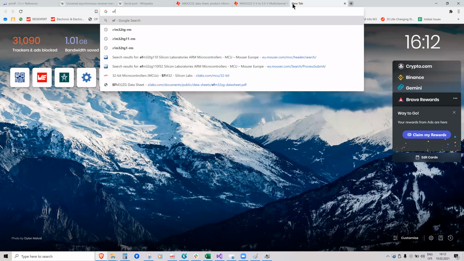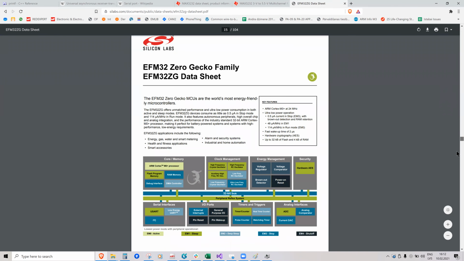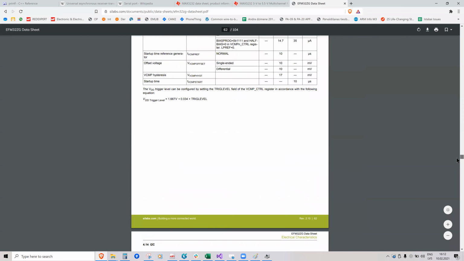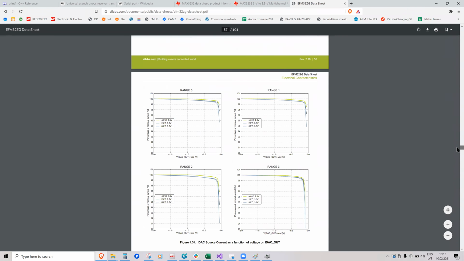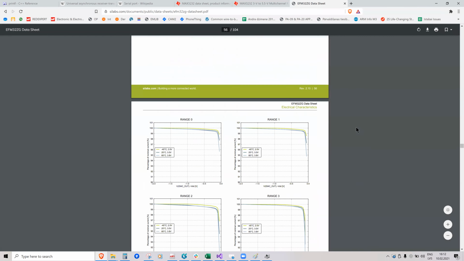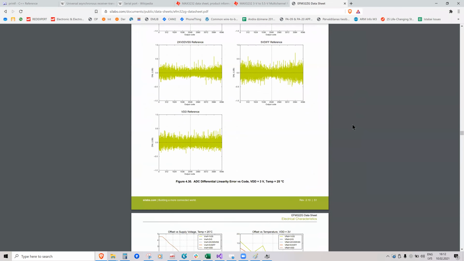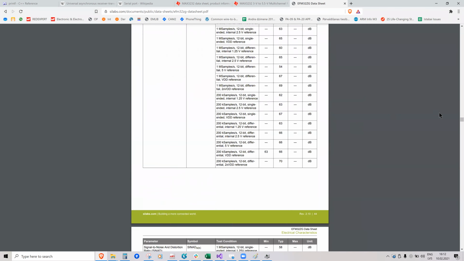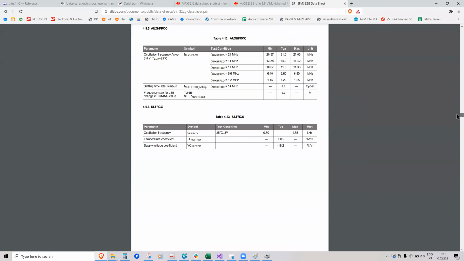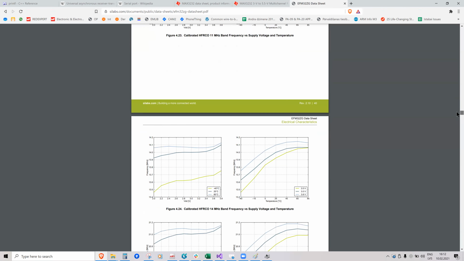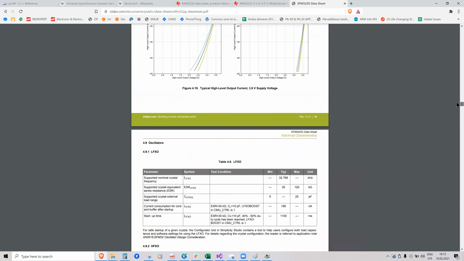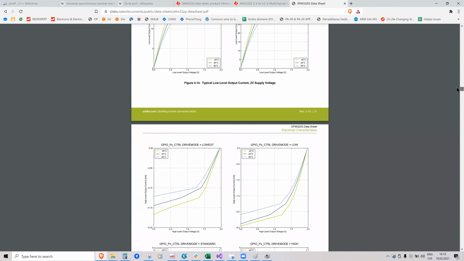So, the EFM32 Zero Gecko datasheet, an example microcontroller, in its section about general purpose inputs outputs in electrical characteristics. Let's see, where is it? GPIO. Come on. Frequency and voltage levels on GPIO. Okay, here it is.